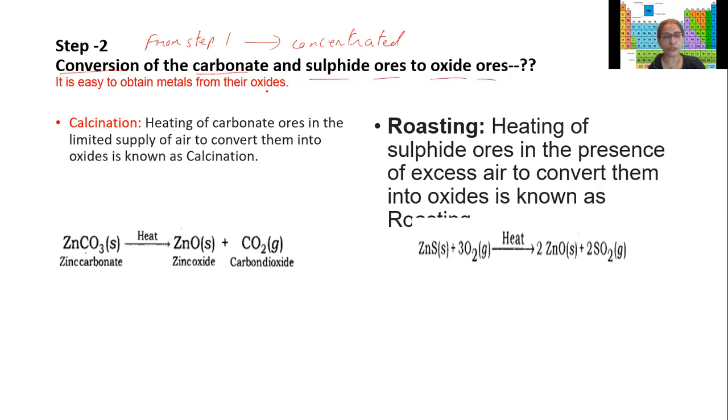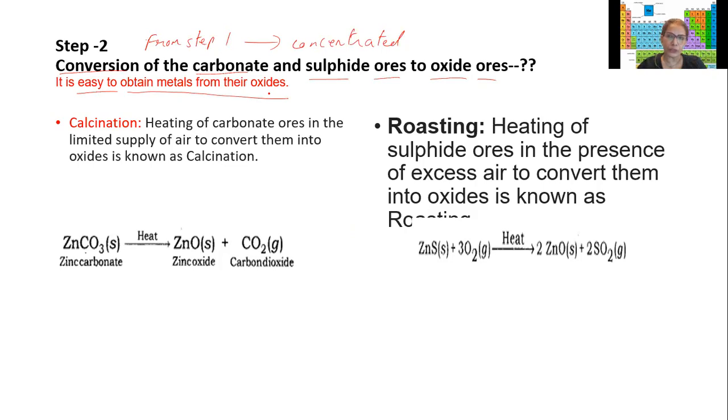Why should we do this? I have told you, because it is easier to get the metal from the oxide ore rather than from the sulfide or carbonate ore. So if it's a sulfide ore, it has to be converted to the oxide ore.